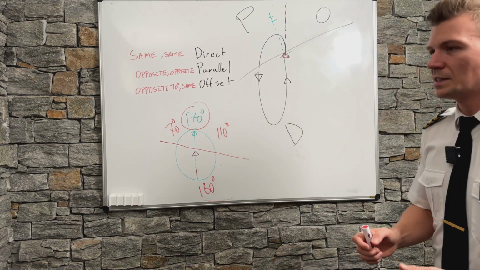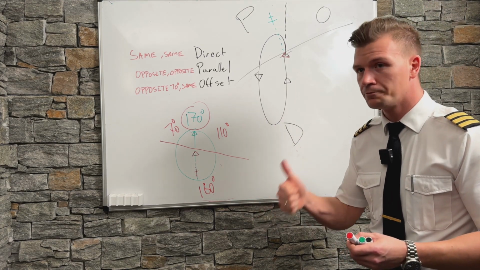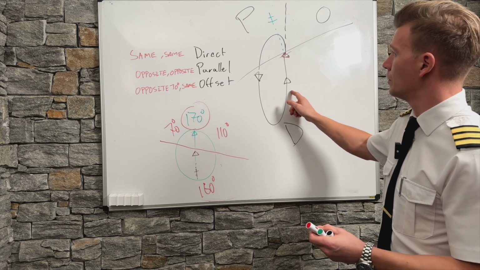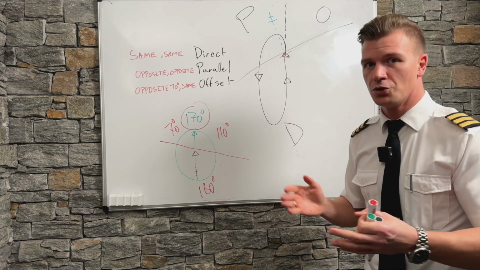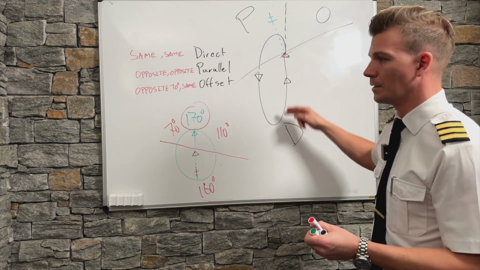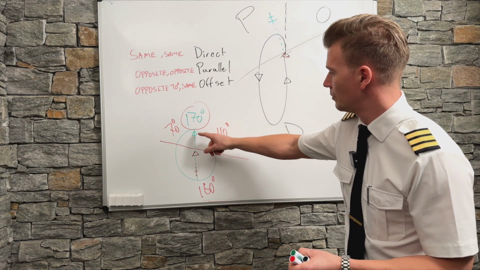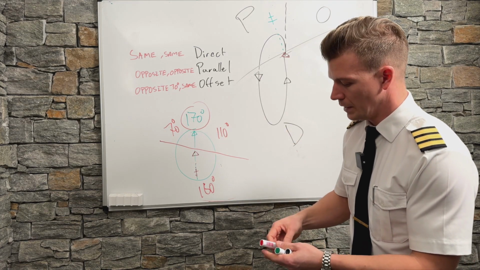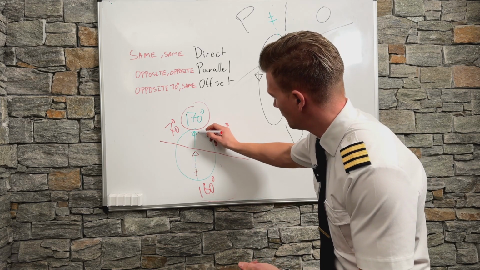So again, the steps are exactly the same. Step number 1, locate the radial. What is the radial? It's the same example as before, it's just the direction of turns that has changed. So it's the same radial, it's 180. Locate 180. 170 is here, so 180 would be just here.